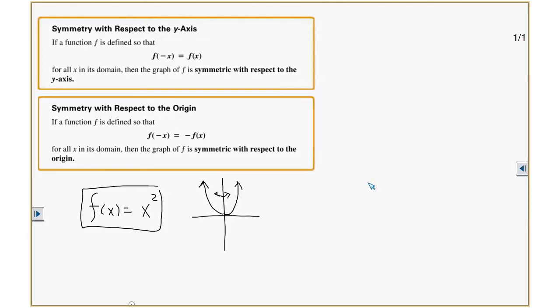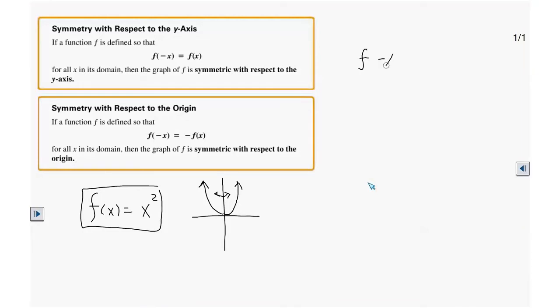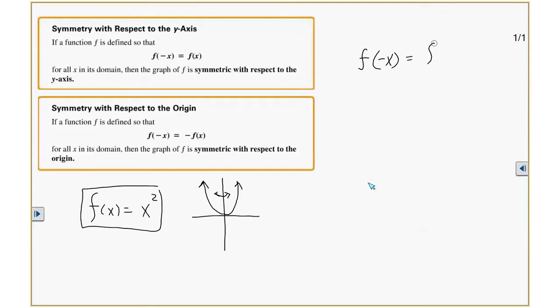Now, if you want to check it algebraically, this is the way you do it. You check these two tests. F of negative x is equal to f of x. In other words, what does f of negative x mean?